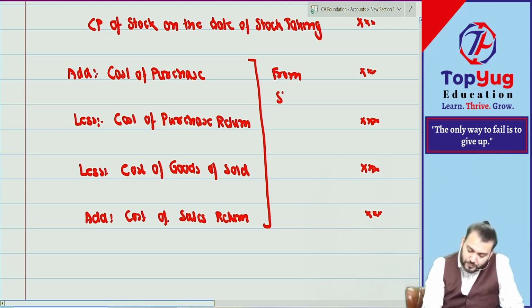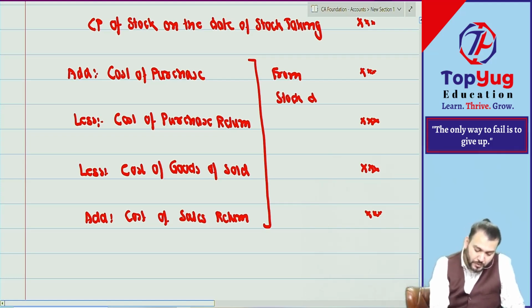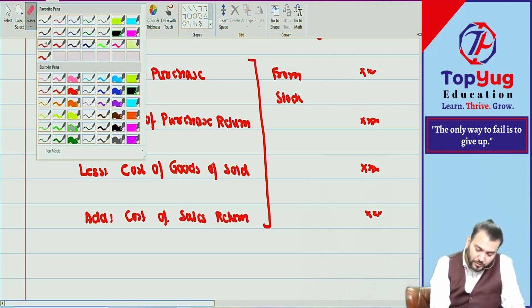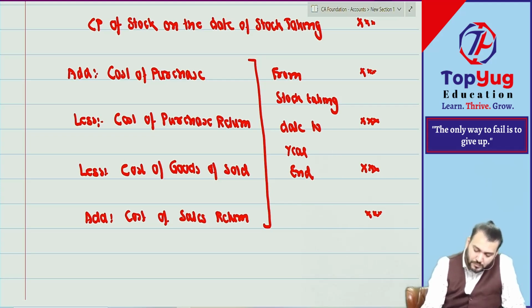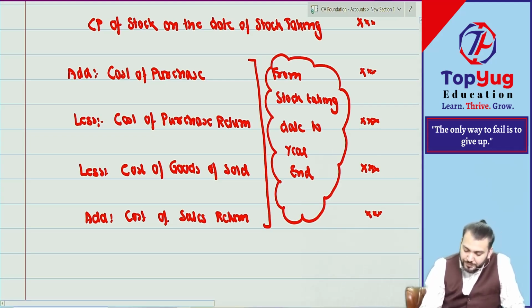From stock taking date to what? Year end. Yes or no? So from stock taking date to year end. Have you understood this point?